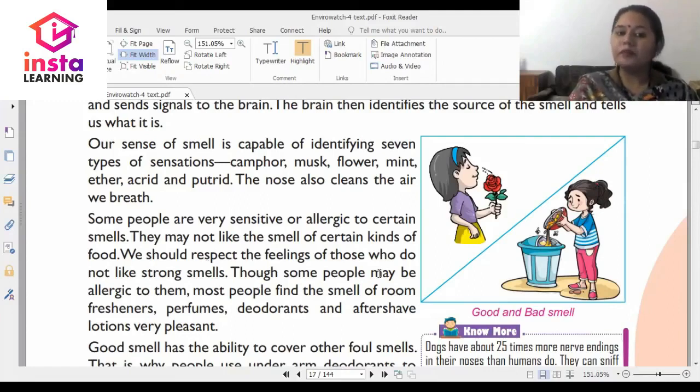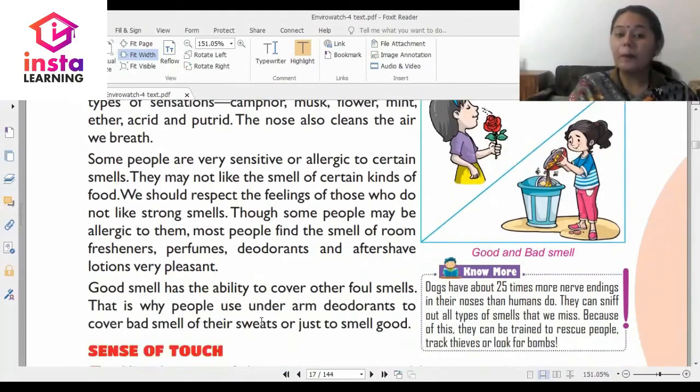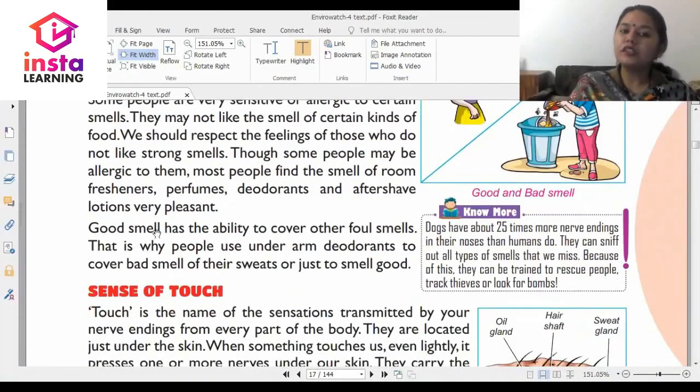Though some people may be allergic to them, most people find the smell of room fresheners, perfumes, deodorants, and aftershave lotions very pleasant. Good smell has the ability to cover other foul smells.